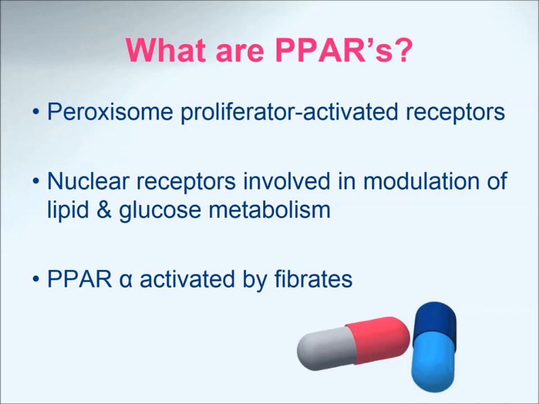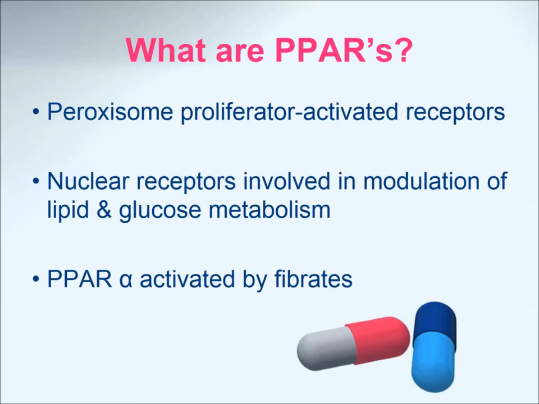These receptors as a whole seem to act as a kind of nutritional sensor which can detect whether you're in starvation or feeding mode, and they can alter the metabolism in fairly subtle ways as a result of what your current nutritional status is.